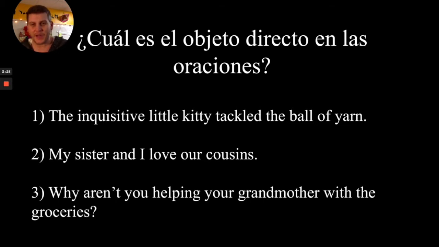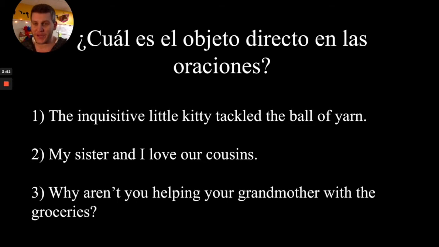Number two, my sister and I love our cousins. Who's doing the loving here? My sister and I, that's the subject. And who do we love? The cousins. Cousins then is our object. All right, number three. Why aren't you helping your grandmother with the groceries? So who is doing the helping here?